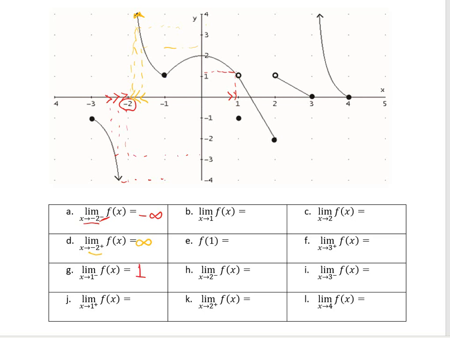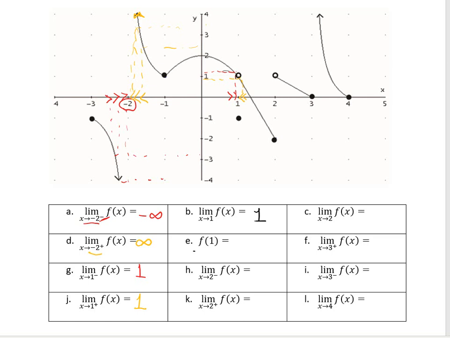Now if I approach the limit from the right-hand side, it also looks like it is approaching 1. Now if I asked you, what's the overall limit as x approaches 1? Well, since the left-hand side is approaching 1 and the right-hand side is also approaching 1, I would say that is 1.